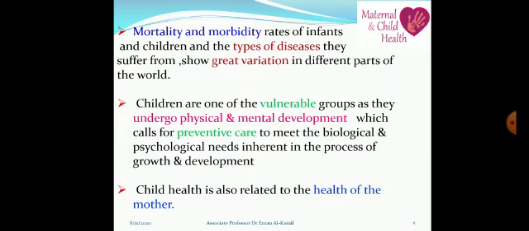So we will have a normal child, who grows to a normal adult, and then he can contribute to the development of his country. Also, children's health is related to the health of the mother. If we have a healthy mother, we have healthy children.